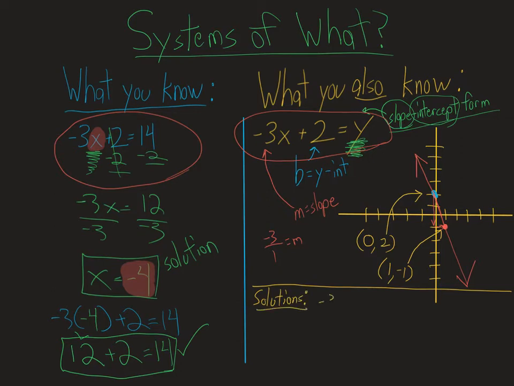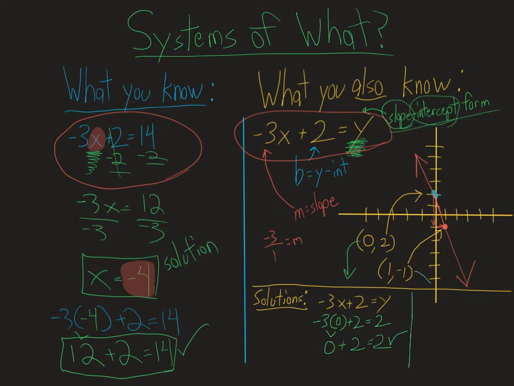Okay, so we can take our -3x plus 2, and I can just plug in this first point right here. The x was a 0, the y was a 2, and we can check to see if this works. And yep, it does.